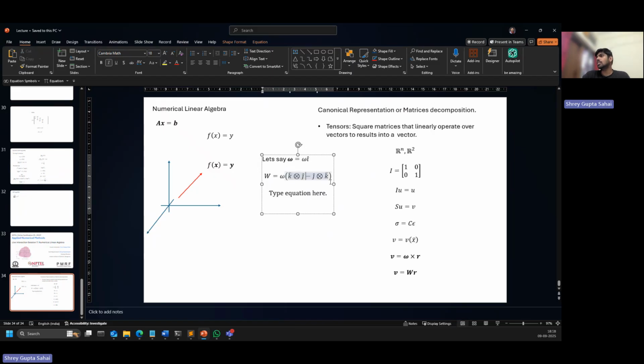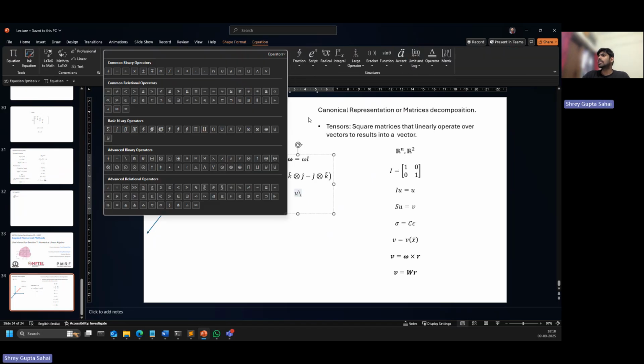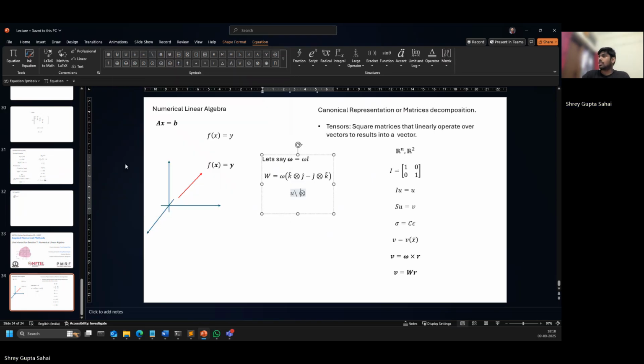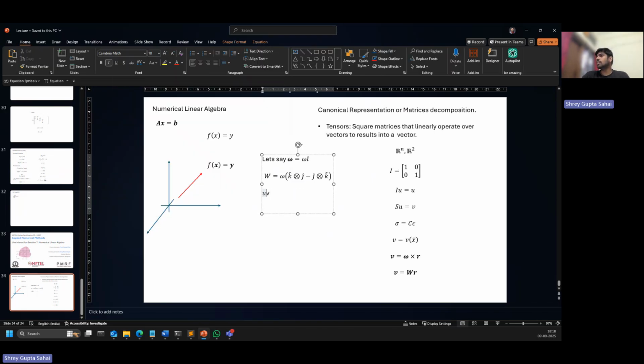This dyadic product represents a tensor, where u and v have to be two vectors, and the tensor characterized by this dyadic product will operate on an arbitrary vector A like this, giving v dot A times u.